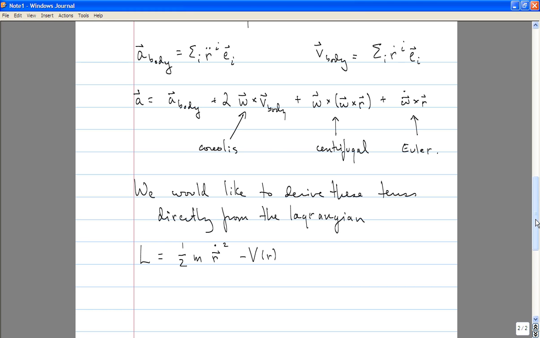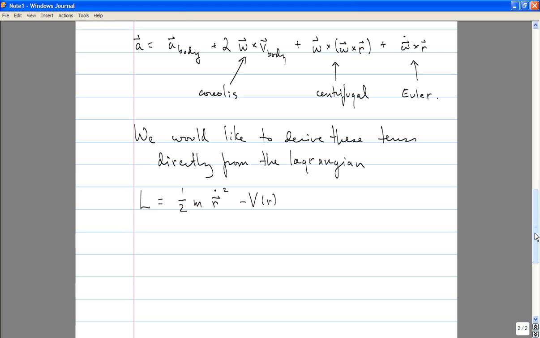Or if I wish to write this a little more explicitly, in my static Cartesian coordinate system, this would be 1/2 m times the sum over i, ri dot prime, ri dot prime. The prime denoting the fact that I'm writing these coordinates in the static Cartesian coordinate system, which is not rotating.